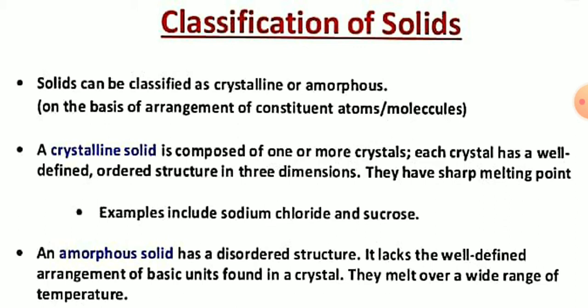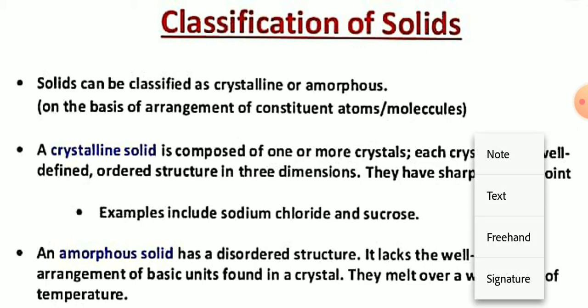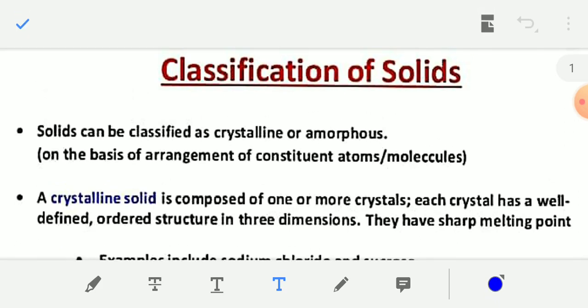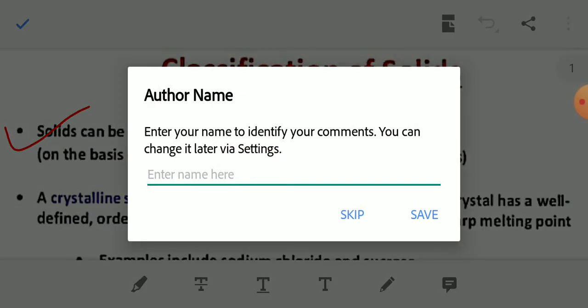Okay, so first you have to know the types of solids. So see classification of solid. Solid can be classified in two classes, crystalline and amorphous.